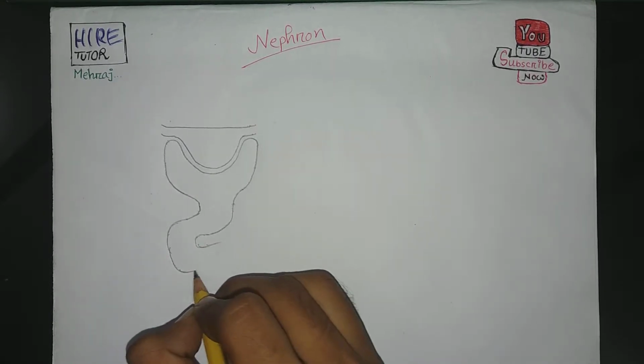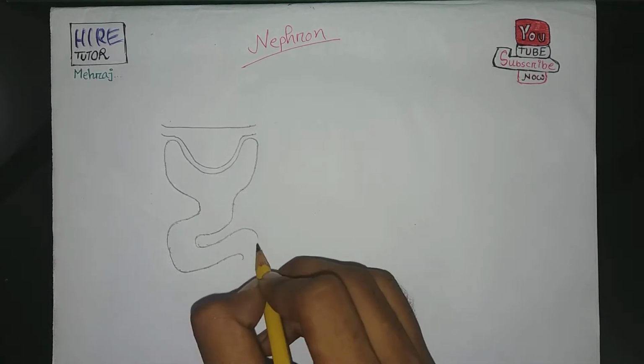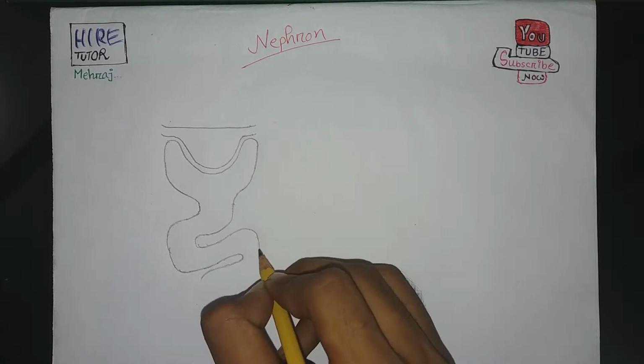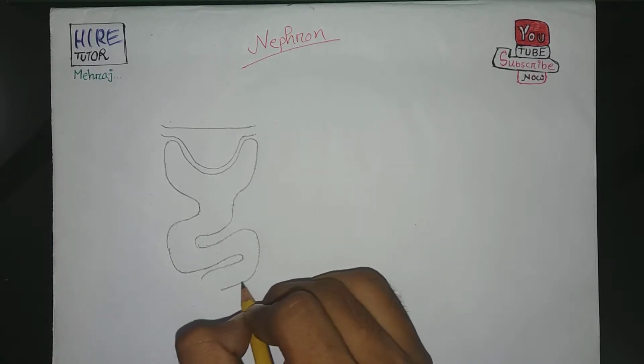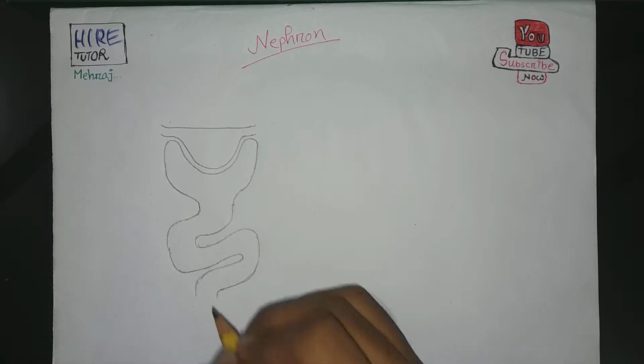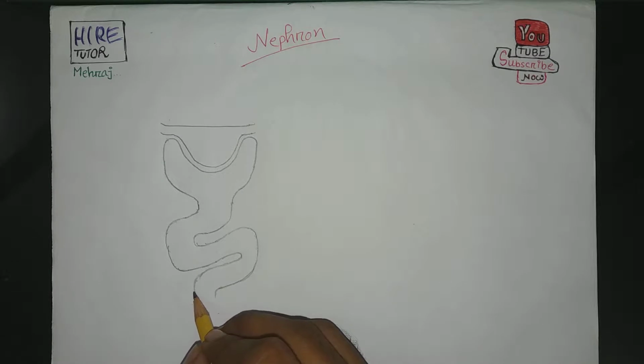You need to make it convoluted, just like this. Pretty easy. Okay, done. This is the PCT.